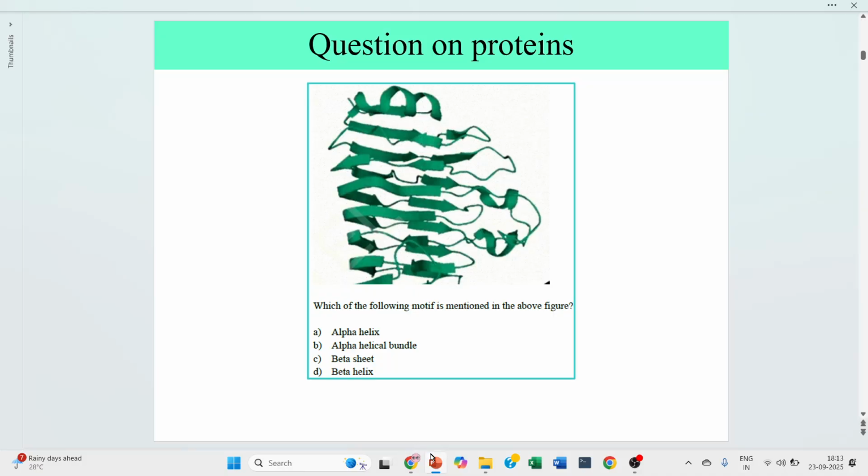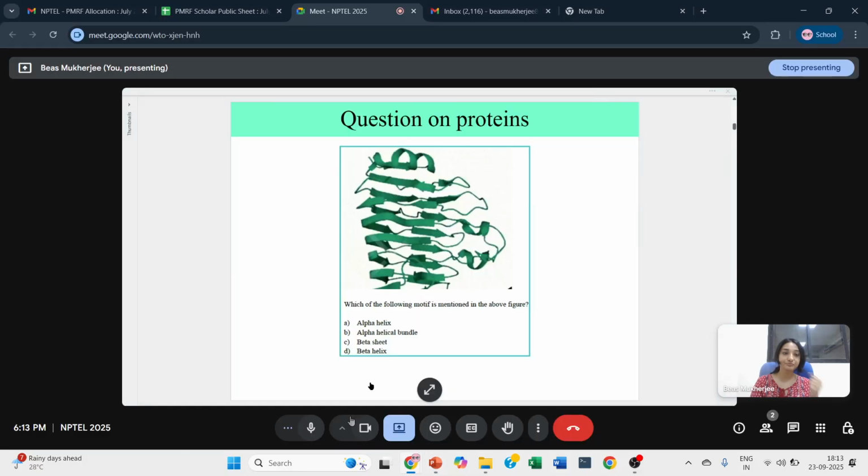We have this question for you, in which they are asking which of the following motifs is mentioned in the above figure. What you can see is there are different beta sheets, and the beta sheets are arranged in such a way that it gives the structure of a helix.